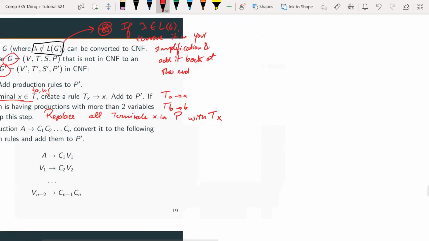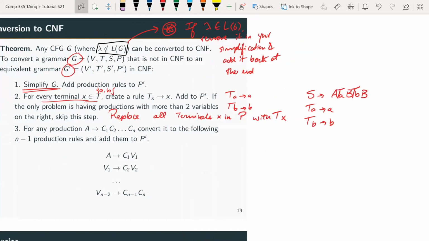So what I mean by that is, suppose you had S gives you A, B, B, then you need to create TA gives you A and TB gives you B, and then replace A by TA and replace B by TB. Okay. So you do that for all of the production rules and then for all of the terminals.